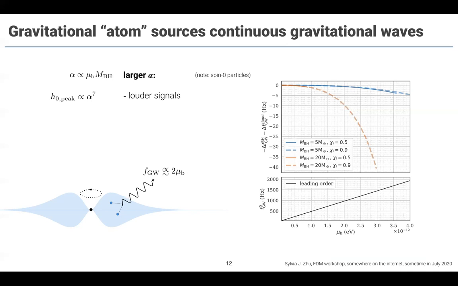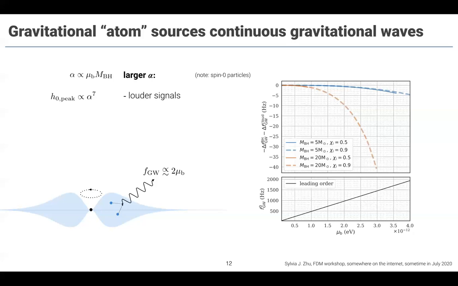For these particles, the gravitational wave emission, the H0, the strain at its peak, so at its loudest, is going to be proportional to alpha to the 7th. So if you have a heavier black hole or a heavier boson, you can theoretically get louder signals.